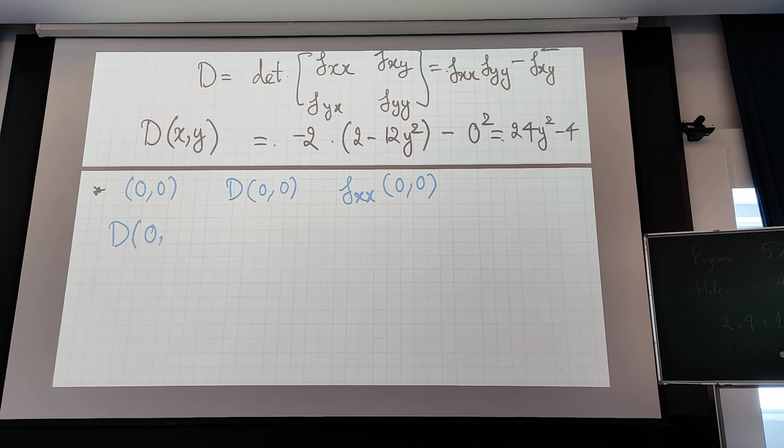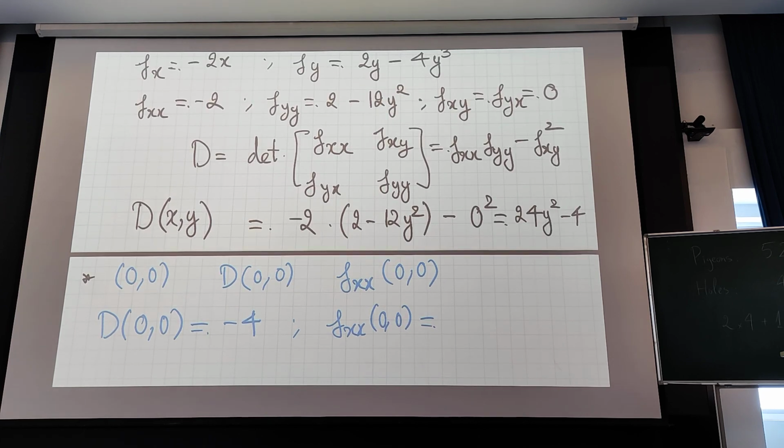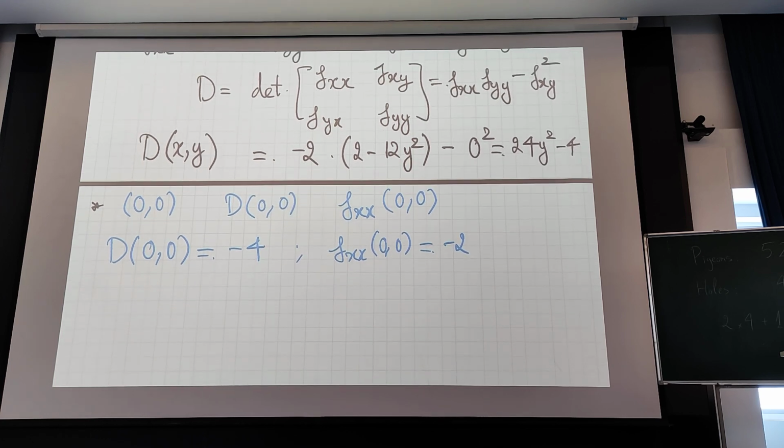You can easily see that D(0, 0) is equal to minus 4, and fxx(0, 0) is equal to minus 2. And you know that in the case when we have a negative value of the discriminant, we have a saddle point. That is the first point. Okay, you get it?